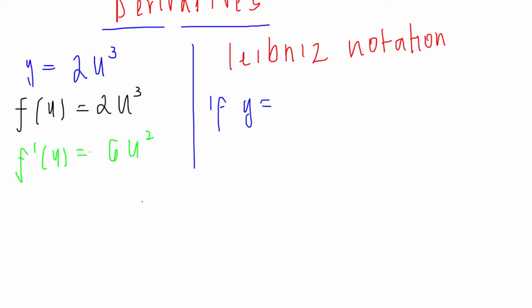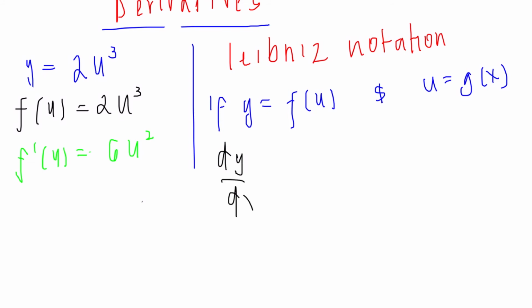If y is equal to f of u and u is equal to g of x, then to find the derivative of the whole function, dy over dx, you first find the derivative of y with respect to u, that's dy over du, and then you multiply it with du over dx, the derivative of u with respect to x.